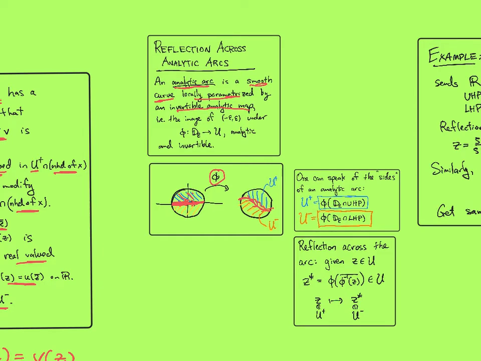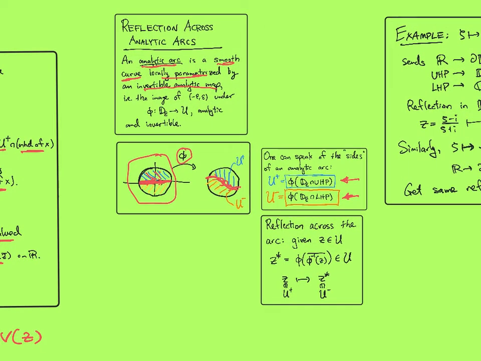So as I've written here, you have this analytic arc, and then you have one side of it and another side of it that just comes from the analytic map that you use. This is just supposed to be a local description of an analytic arc.